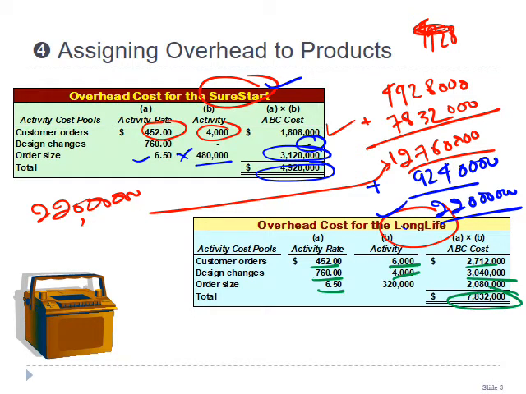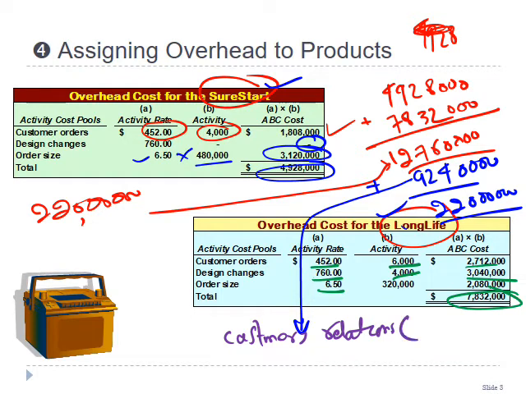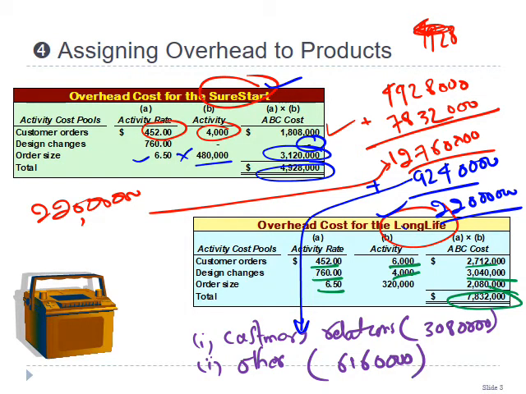The overhead that is not assigned to the products belongs to customer relations, which we just calculated in our first stage allocation is 3.08 million, because we are not given the data. The second is the other organization sustaining activity, which is 6.16 million, right?